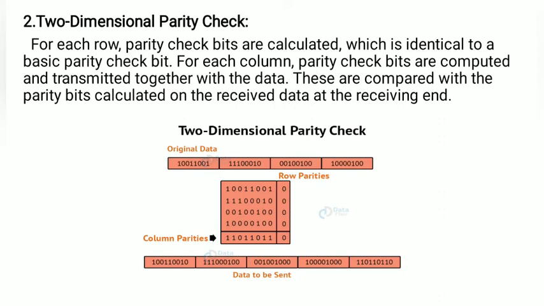Arrange this data and calculate the number of ones. No need to add, the number of ones is even, that is 4, so the row gets appended 0. Next, the second row, 11100010.